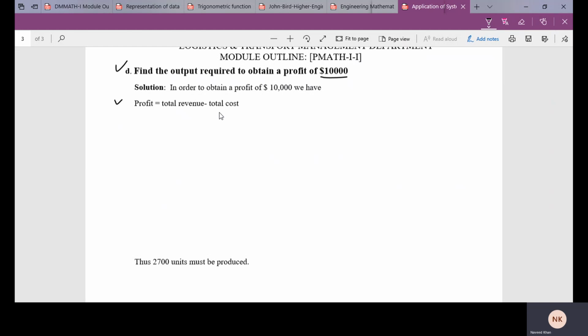Profit is equal to total revenue minus total cost. Putting the values, the profit is given as 10,000, total revenue we have is 8Q minus, and total cost is 22 by 9Q plus 5,000.